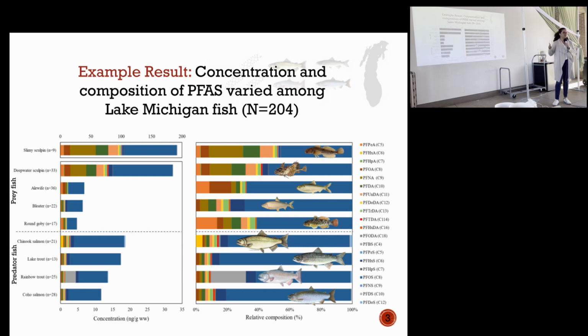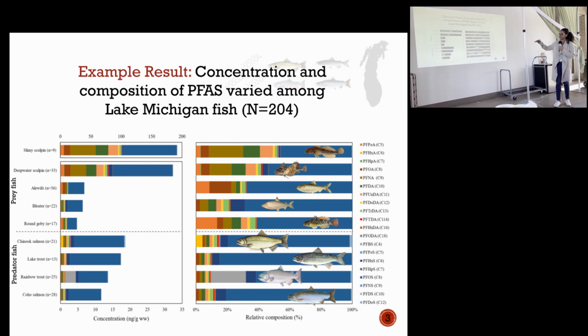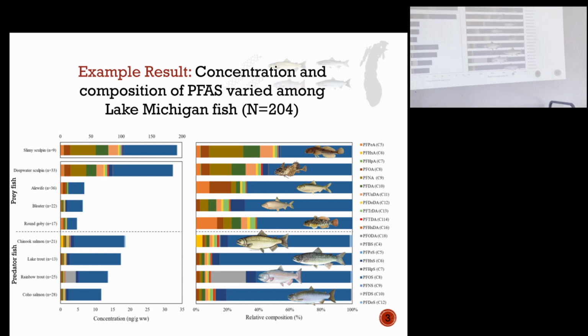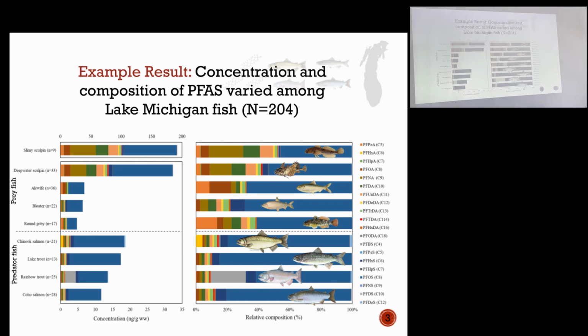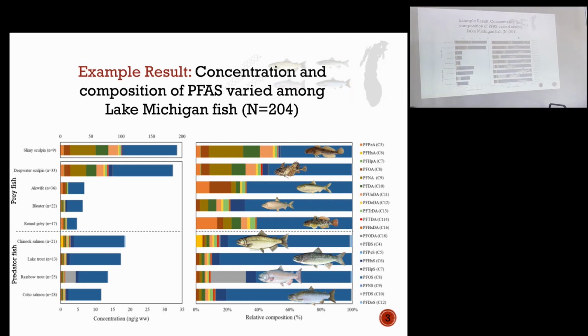PFOS was found at around 50% or more of the total PFAS analyzed. And you can see here with the composition that the fish accumulate differently. But I will call attention to the top bar, that is slimy sculpin.